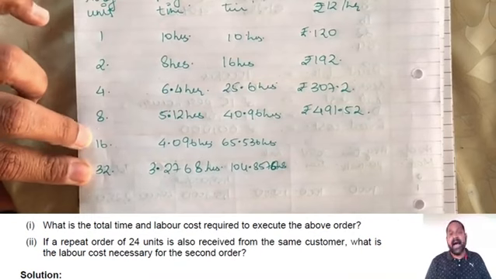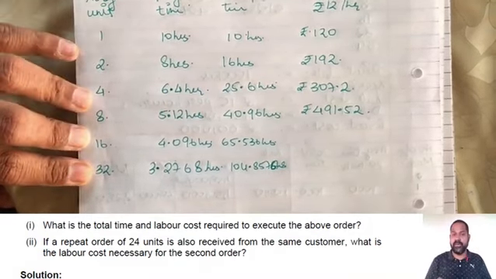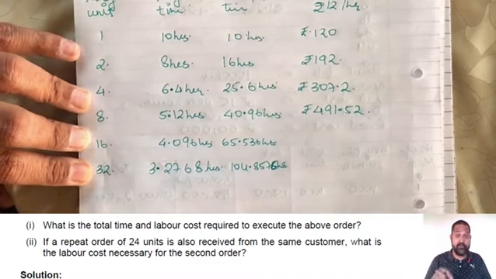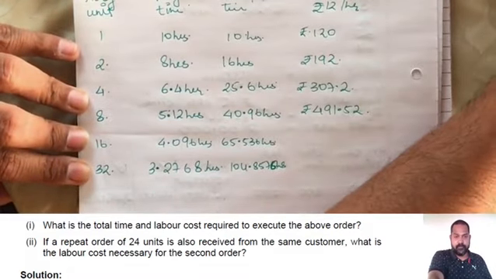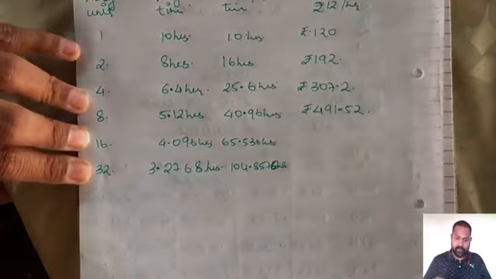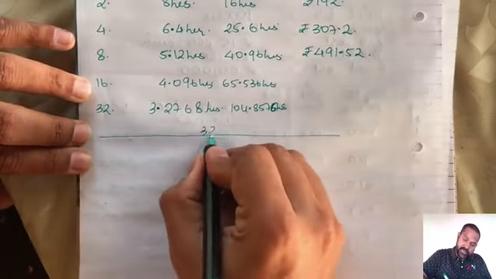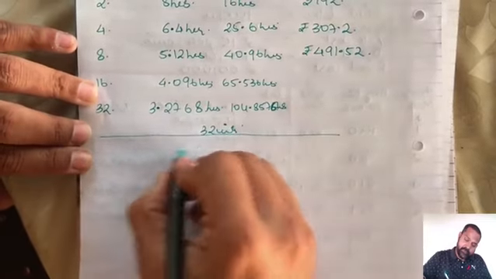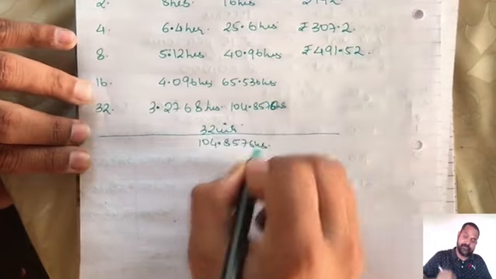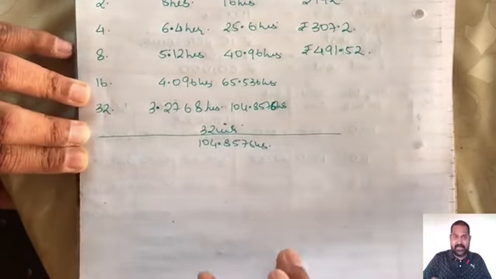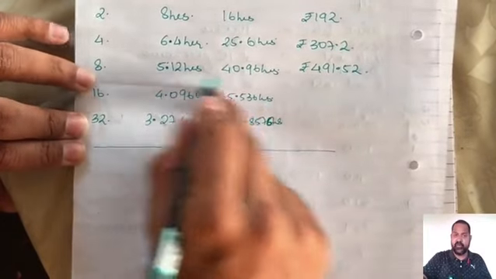Then can I say I need to find only the time of those 24 units? How am I going to do that? Simple. Can I say the total time it takes to make 32 units is known to me? What is the total time? The total time is 104.8576 hours. But in this, it took me 40.96 hours to make the first 8 units.